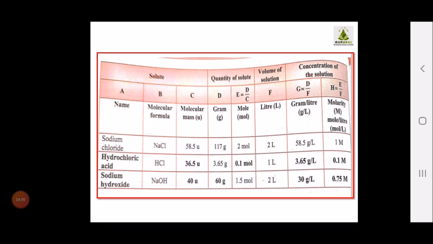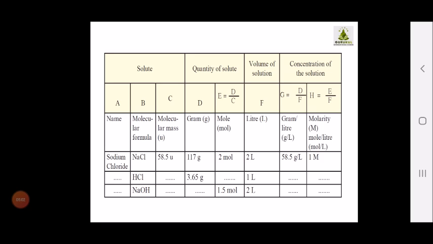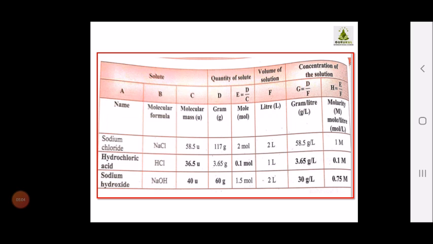And the volume of solution is already given, 2 liters of solution you have to make. So the concentration of the solution will become 30 gram per liter. It is going to be equivalent to 0.75 moles per liter.